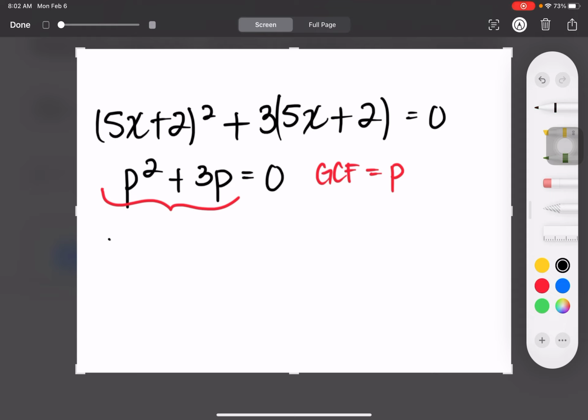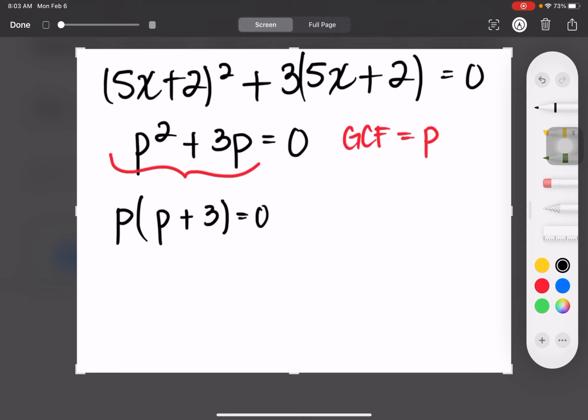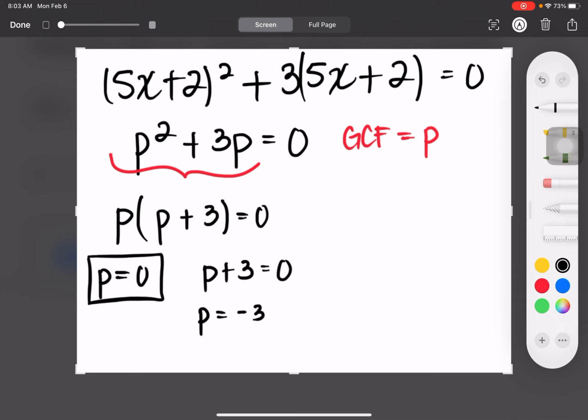So if we factor that out, I have a p on the outside. If you factor out a p from a p squared, you only have one p left. And if you factor out a p from a 3p, you have a 3 left. From there, we're going to make each of the expressions equal to 0. And in this case, the values for p are 0 and negative 3.